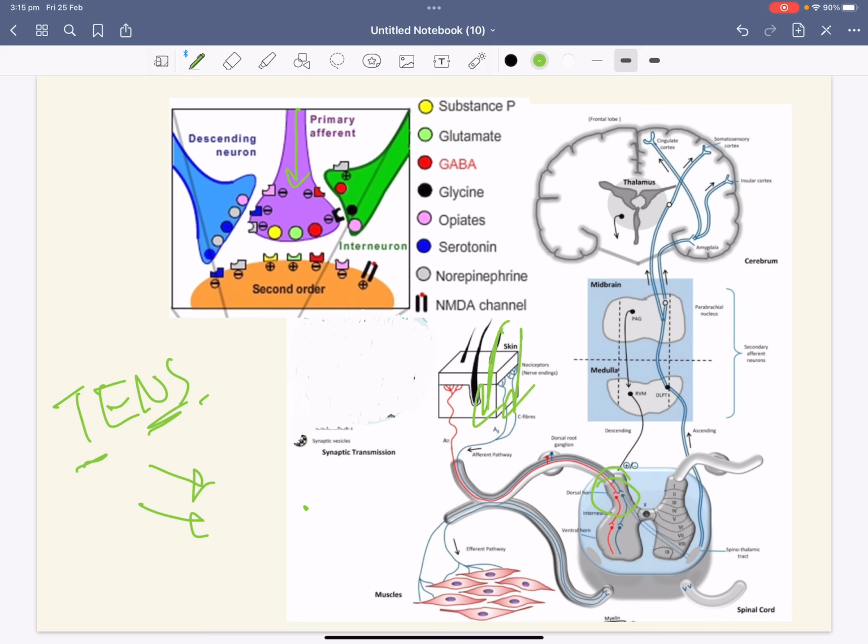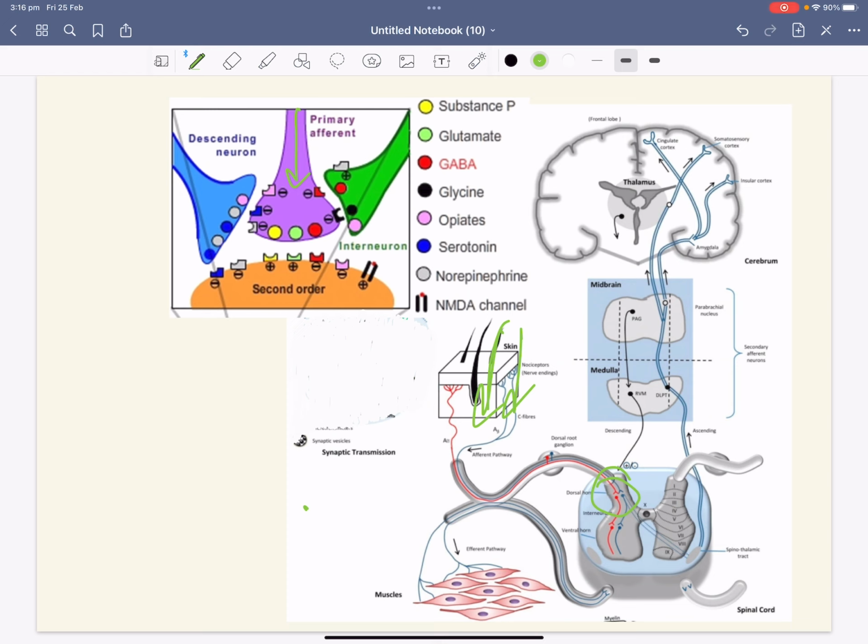It works through the gate theory and overcomes the amount of pain stimulus by sending other stimulus into the spinal cord, overwhelming the body with additional sensory information, so the pain is not forgotten about, but is less perceptible. So that's a side adjuvant that can be used.